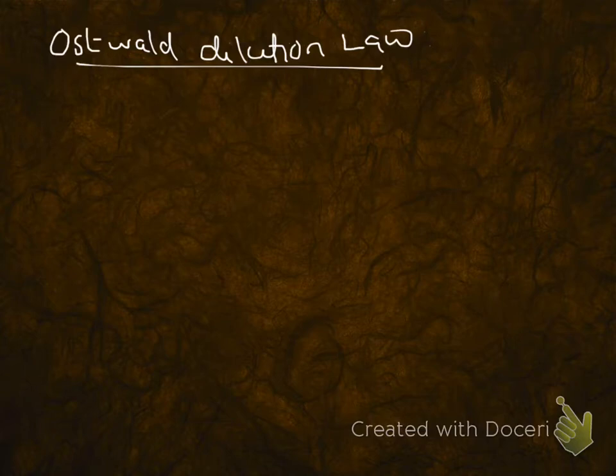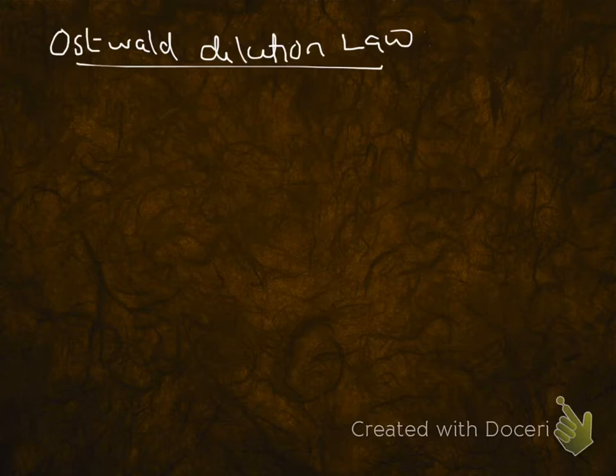Ostwald in 1888 applied this condition and also the law of chemical equilibrium to such equilibrium systems to establish a relation between degree of dissociation and electrolytic concentration. That mathematical relation is known as Ostwald dilution law.